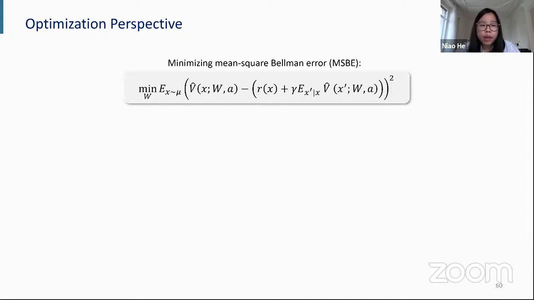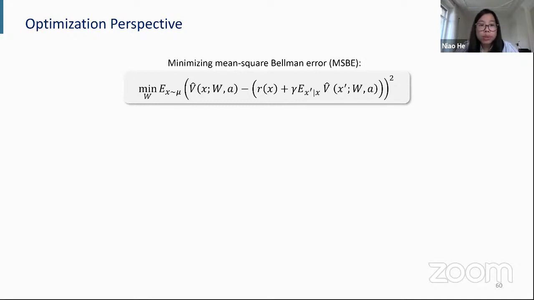Remember that any value function satisfies this Bellman equation. And in order to solve this, you can basically just minimize the mean squared Bellman error. So the minimizer of this problem will be the value function, because the value function will be driving this objective to be 0.